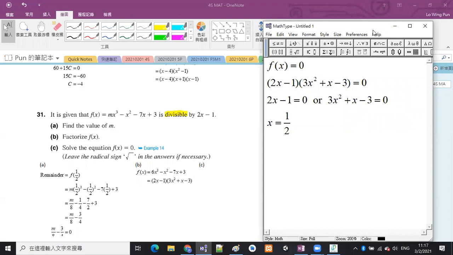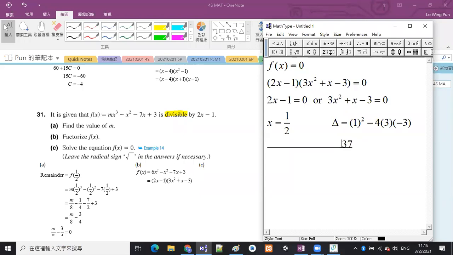And for the second bracket, we have 3x squared plus x minus 3 equal to 0. It is a quadratic equation. And you try to use the formula 1, then you failed because it is a long decimal number, an irrational number. Okay, so we have to use the quadratic formula, because that is delta equal to b squared minus 4 times a times c. That is equal to, I think it is 37, right?